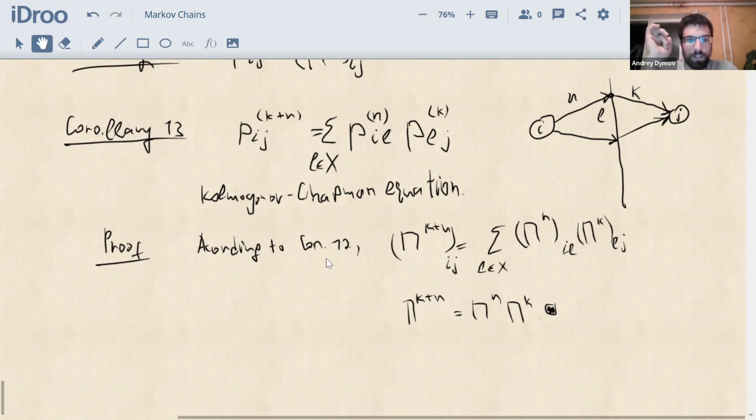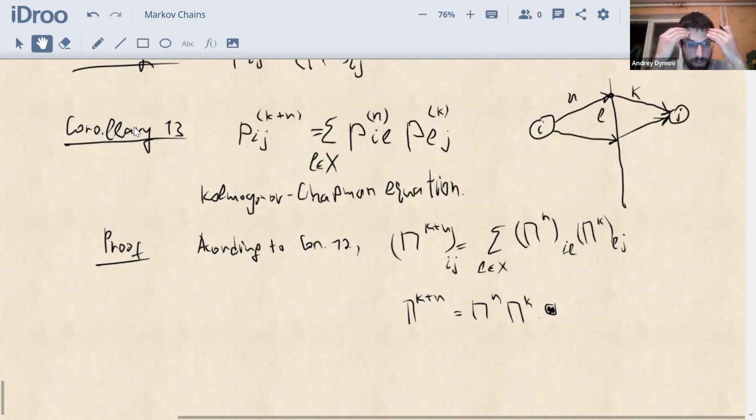Third, we understand that analysis of Markov chains is the same as analysis of stochastic matrices. And fourth, we understand that a Markov chain in n steps is again a Markov chain, and we have such nice corollaries. So basically, we know everything about Markov chains in finite times.